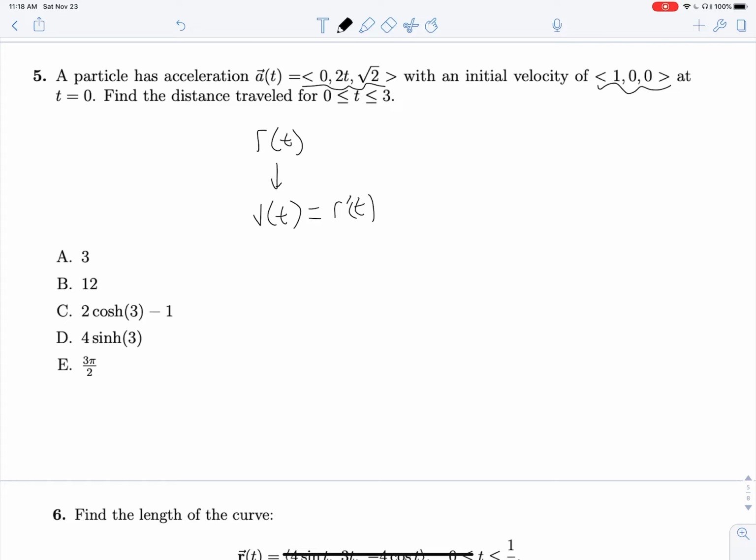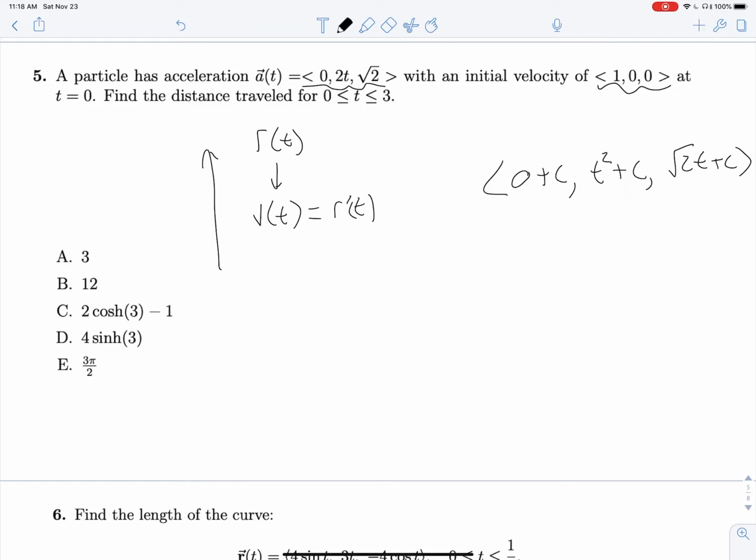So we know that in order to go down this chain, we have to differentiate, and we're starting with acceleration, so we know we're going to have to integrate to get back up. So the integral of a of t, each component will be 0 plus c, t squared plus c, root 2t plus c.